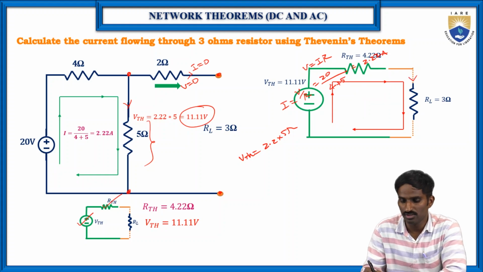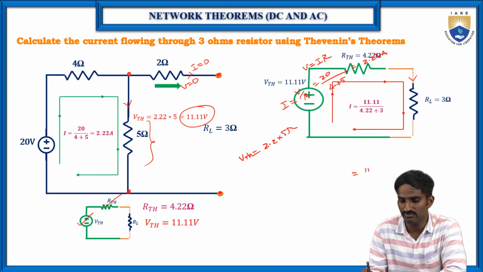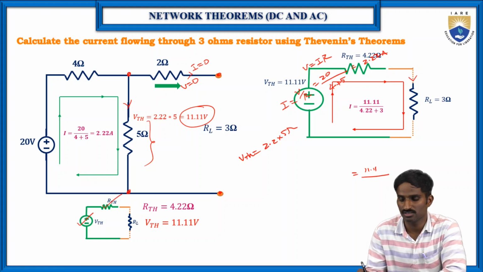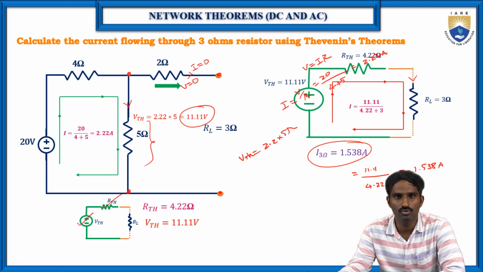I is equal to, again by Ohm's law, V Thevenin, which is 11.11, divided by R Thevenin plus RL. R Thevenin here is 4.22, plus RL, which is 3, so I is equal to 1.538 amperes. This is the way to find the current flowing through the load resistance by using Thevenin's theorem. Very simple.